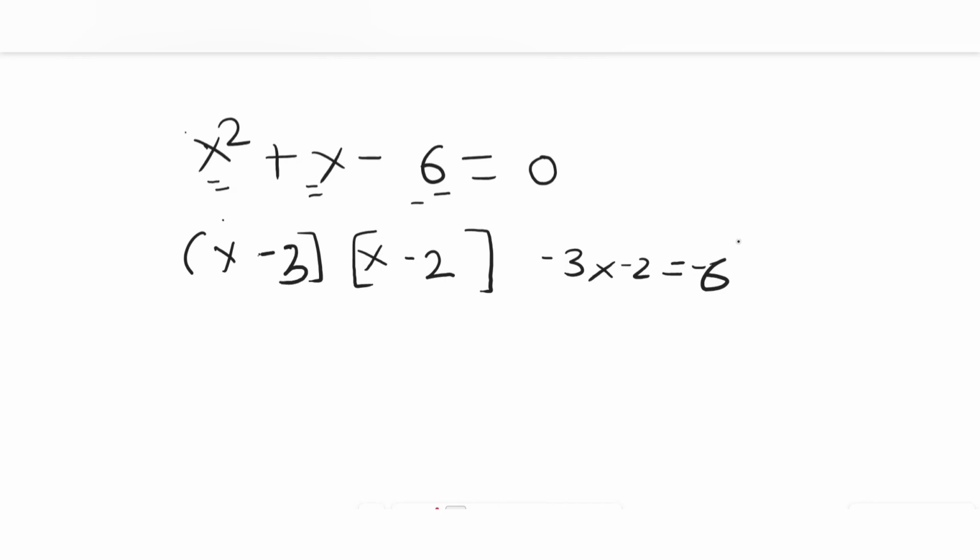So these are the two values we have to put in the equation: x minus 3x minus 2x minus 6 is equal to 0.